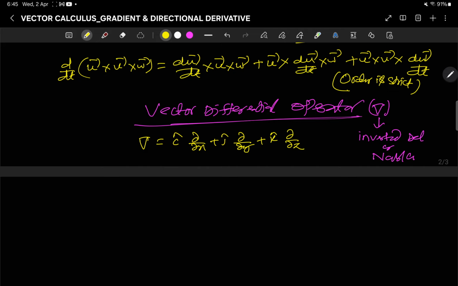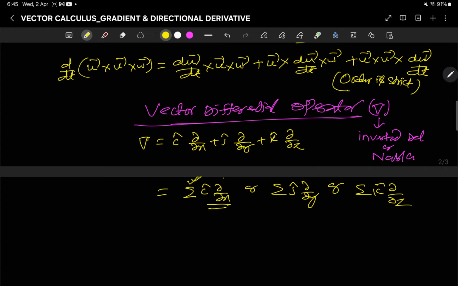In short I can write it as summation of i del by del x, or summation of j del by del y, or summation of k del by del z. Means only del by del x is given, summation is given, suppose we are talking about r q, means y and z are there.